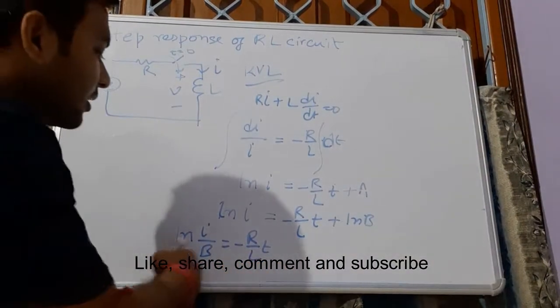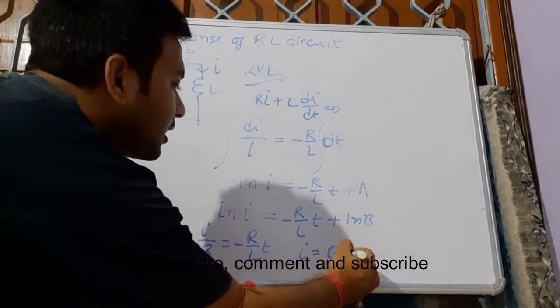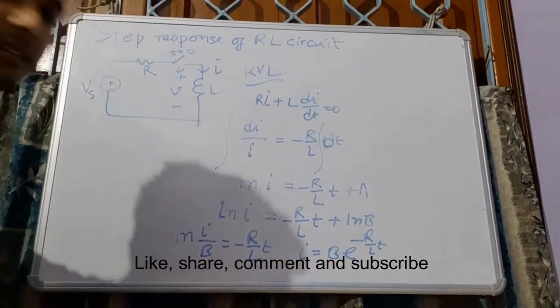So i will be B into e to the power minus R by L into t, right?